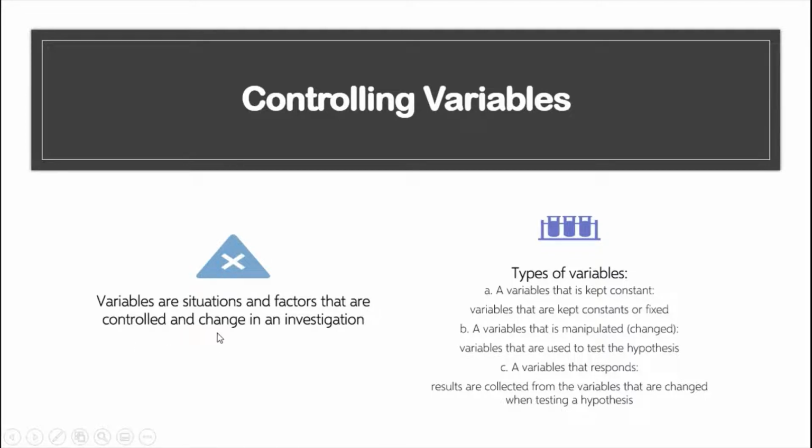First, a variable that is kept constant, which means it is fixed. Second, variables that are manipulated or changed, which means variables used to test the hypothesis. And last but not least, variables that respond. The results are collected from the variables that are changed when testing a hypothesis. Students, bear in mind that variables are situations and factors that are controlled and changed in an investigation.